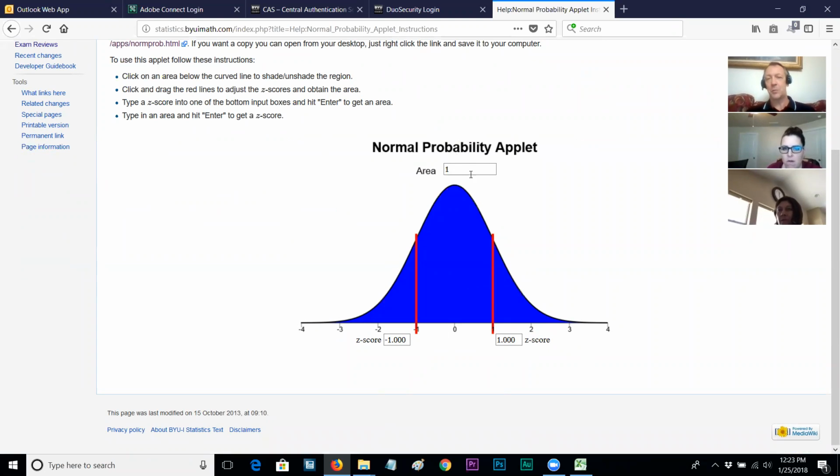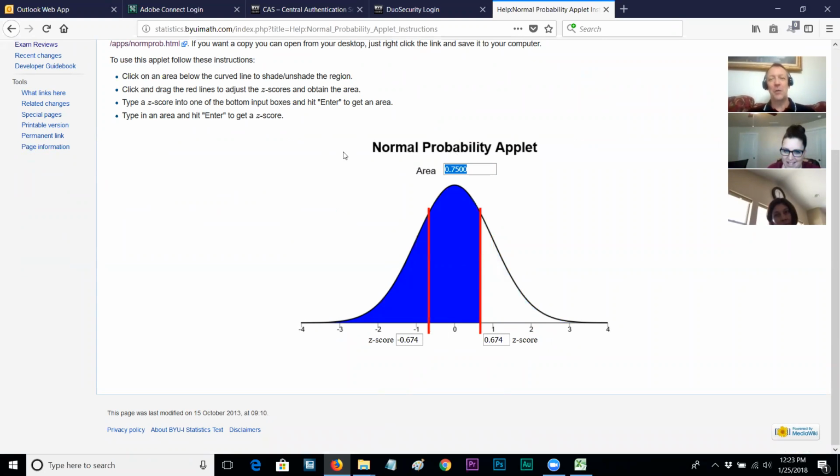So it doesn't matter what you highlighted here. If I want 75% here, and if I press enter, oh, sorry, never mind. I guess it does matter. 0.75. So I want the area to be 0.75, and then it will give me the Z-score. So the area in blue highlighted is 75%.